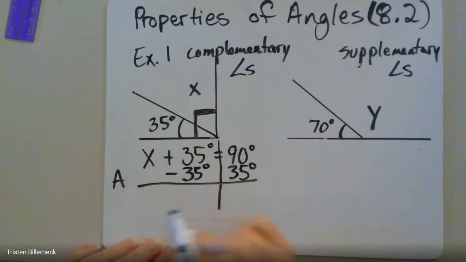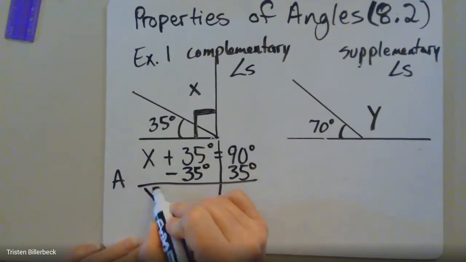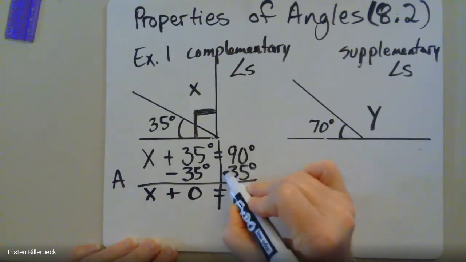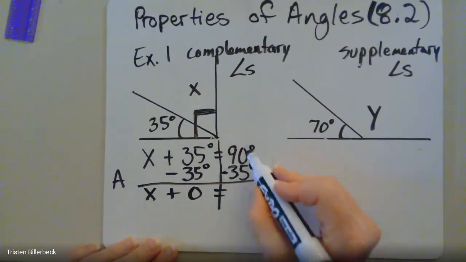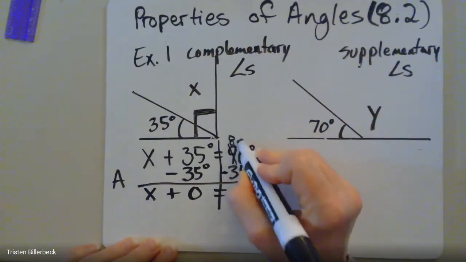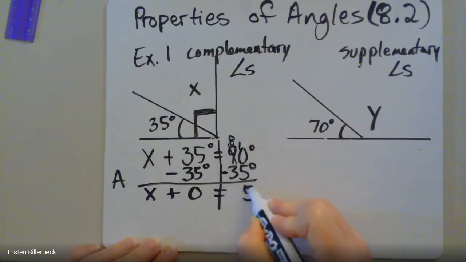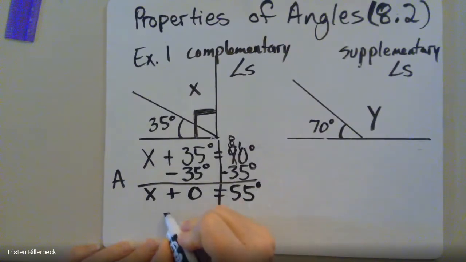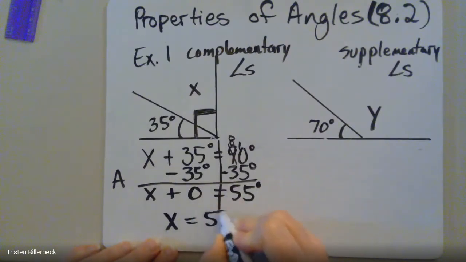So then we add the two equations together, we get x plus 0 equals, and that's a minus 35 there. So we're going to borrow one from here, and we get 55 degrees. So x equals 55 degrees.